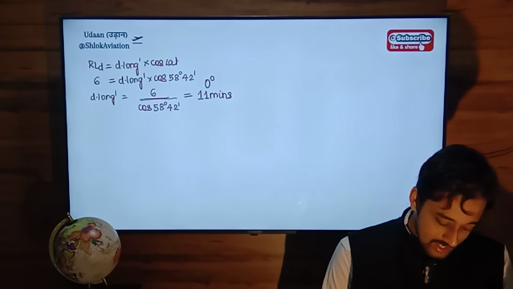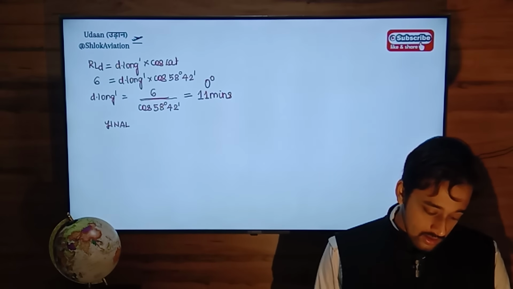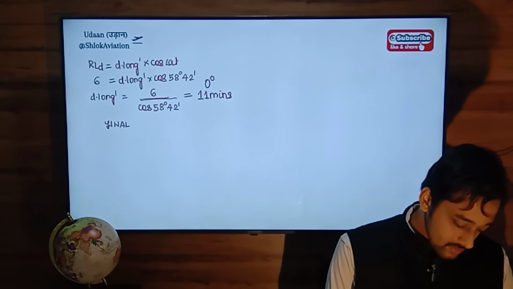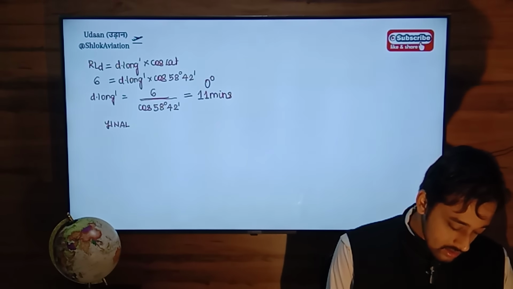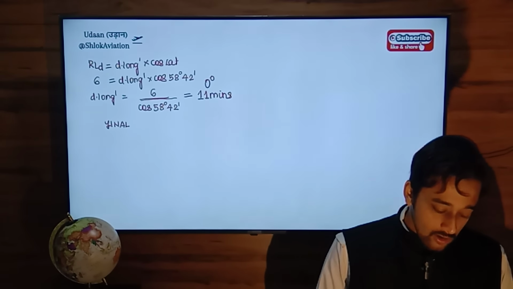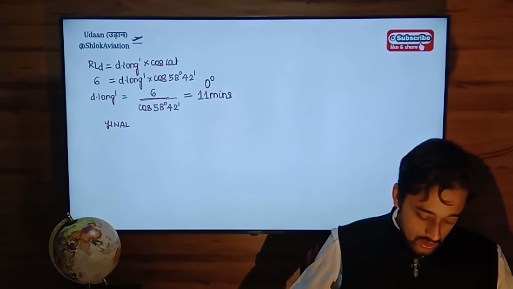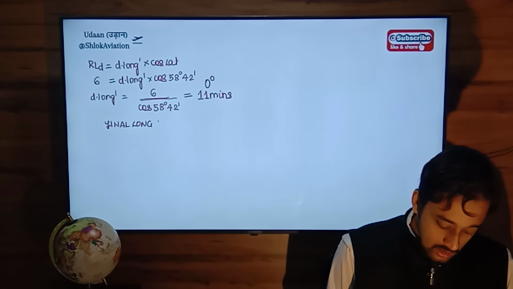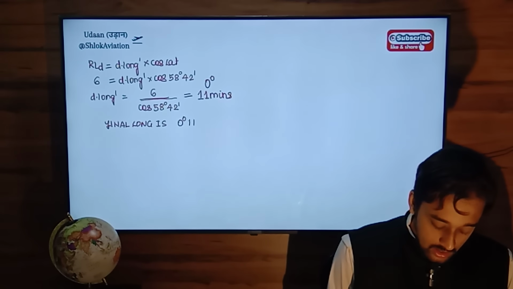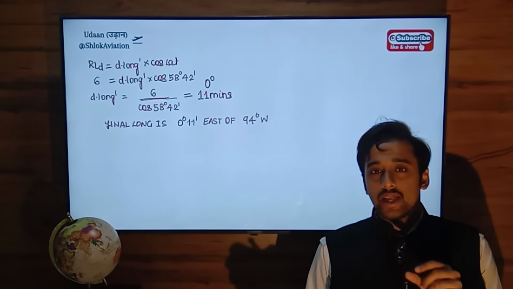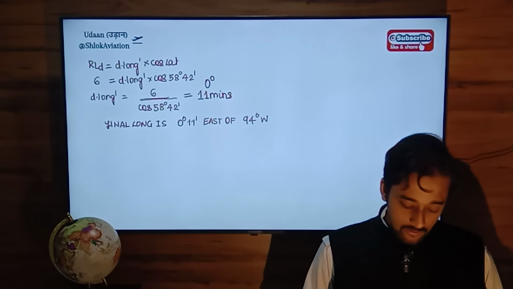So what is the final longitude? To the east of initial longitude. So final longitude is 0 degree 11 minutes east of 94 degree west. So that is only 11 minutes of difference, very small difference.